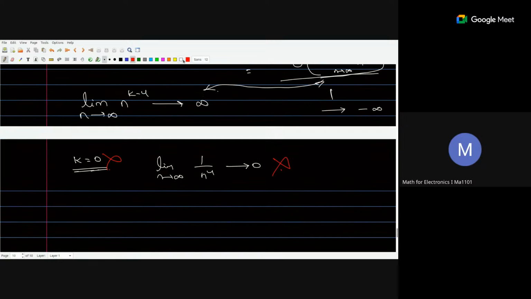So maybe I will take k equals 2. They want it to go to minus infinity, not plus infinity.